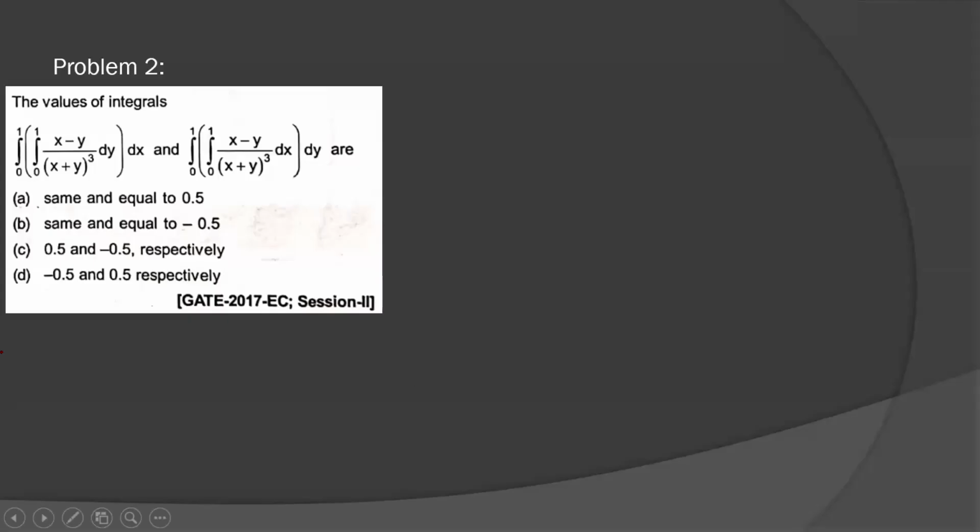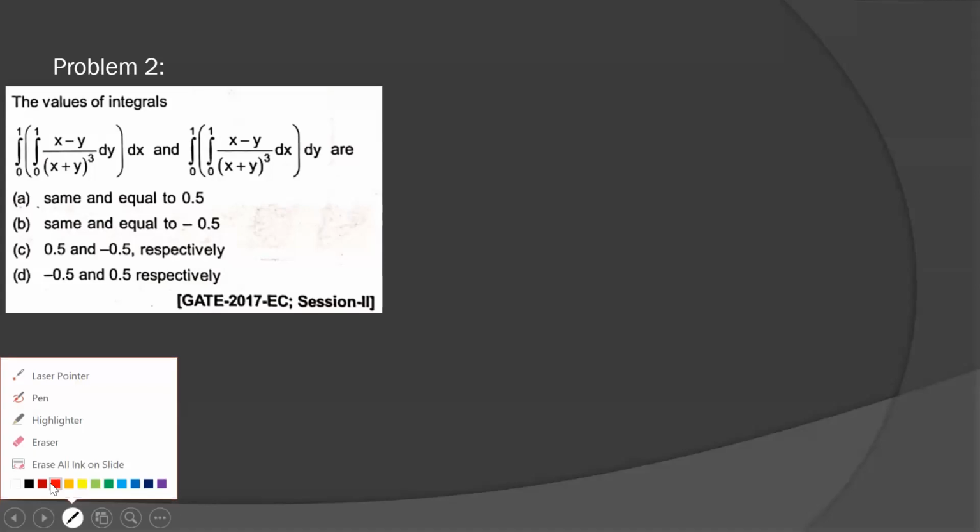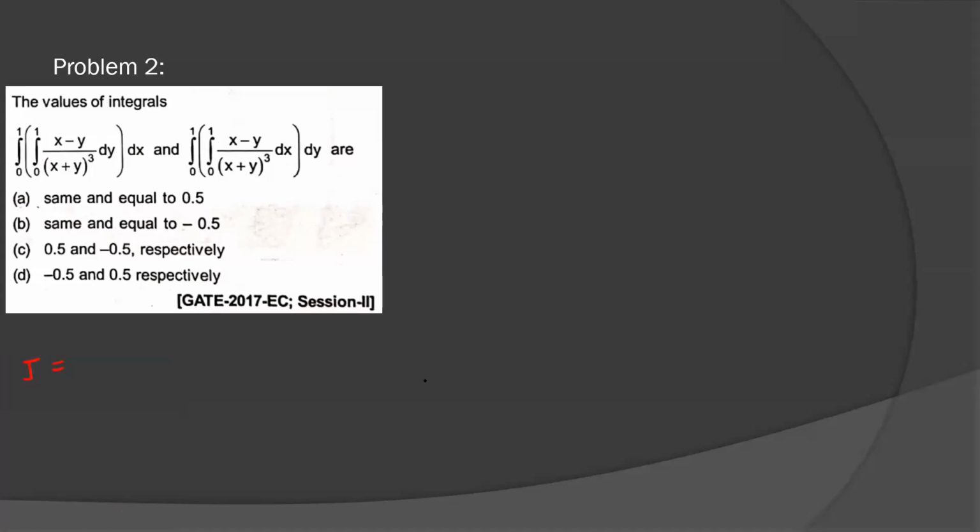The first part I am going to solve here. The x limit is from 0 to 1, and the y limit is also from 0 to 1, and firstly we have to integrate with respect to y here. X will be treated as constant here.